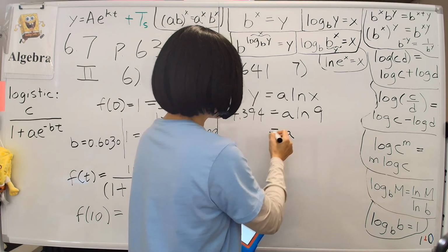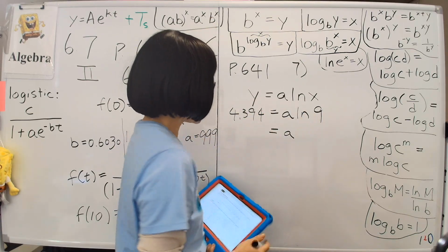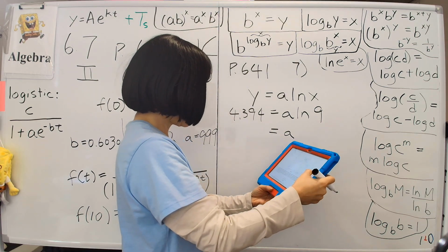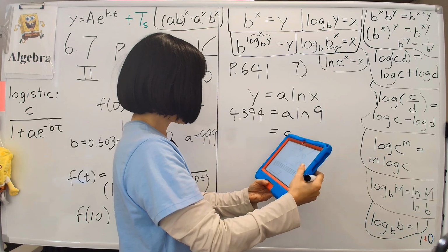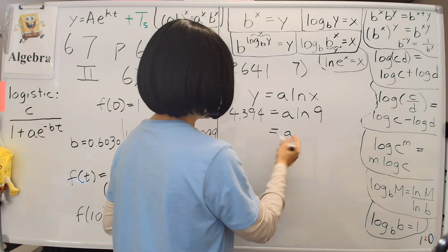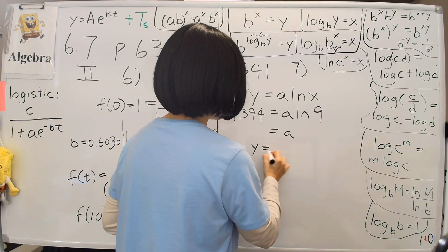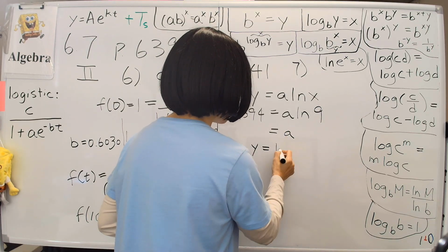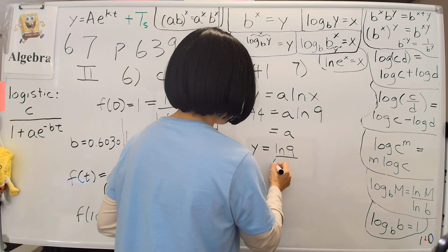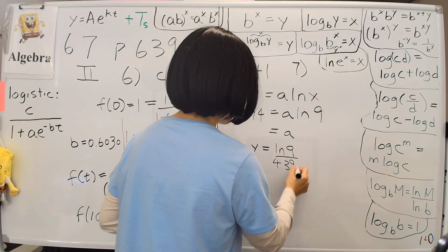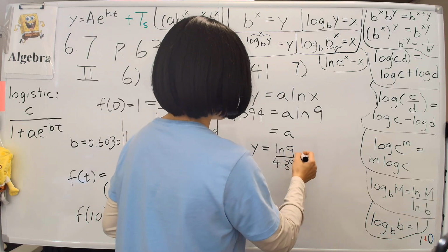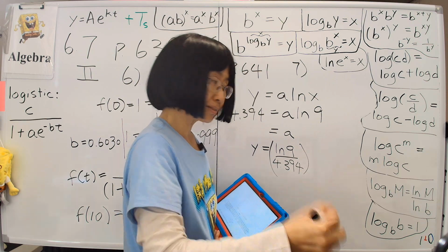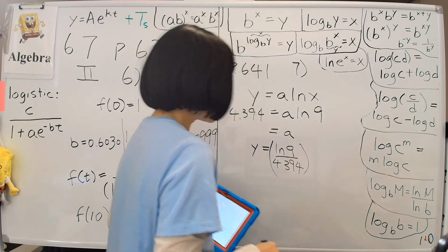Then a equals this thing divided by that. So our formula will be y equals a times natural log of x, where a is 4.394 divided by the natural log of 9. This looks complicated, but it just takes you a few seconds to punch this out in the calculator.